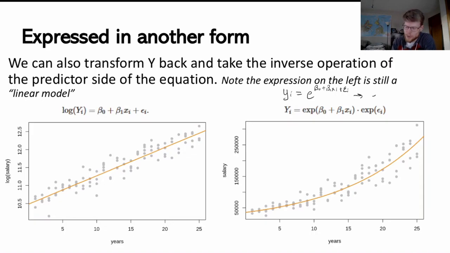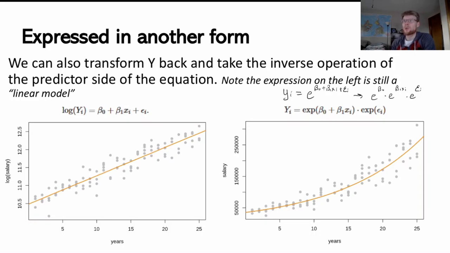So I could also rewrite this as e to the beta naught times e to the beta 1 x sub i times e to the epsilon i, and that is an equivalent expression. That's what's going on with this particular expression: the epsilon got broken off, but it's still the same thing, just represented a little bit differently. And this is fine. This is just an expression of y with our model.